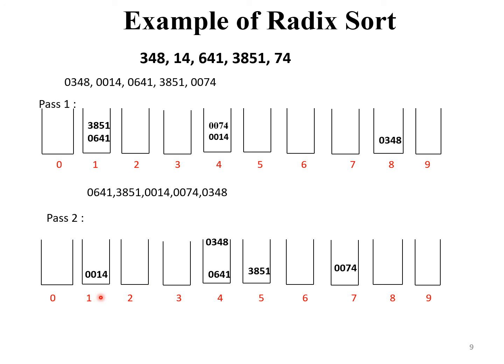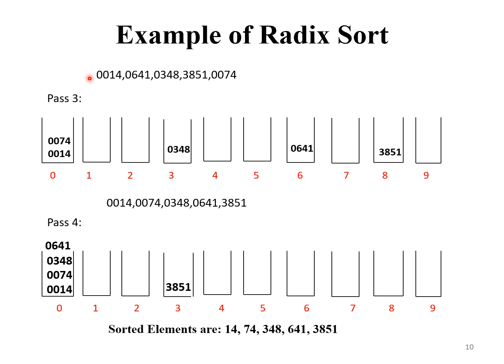Now we got a new array: 0014, 0641, 0348, 3851 and 0074. Using this new array, we sort in pass 3. The first number is 0014, but here we use the third least significant digit, that is 0. So we put this number in the 0th bucket.